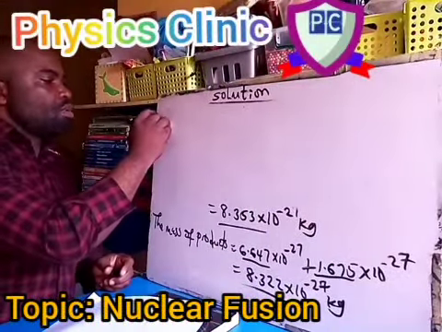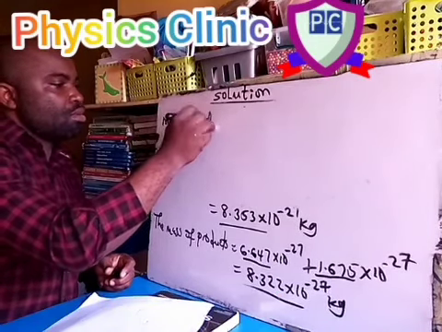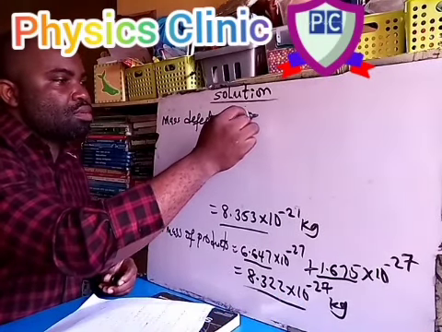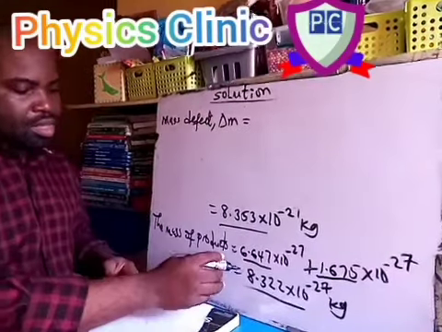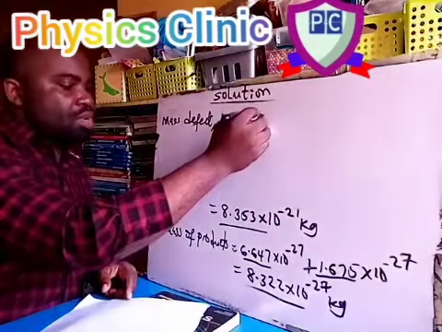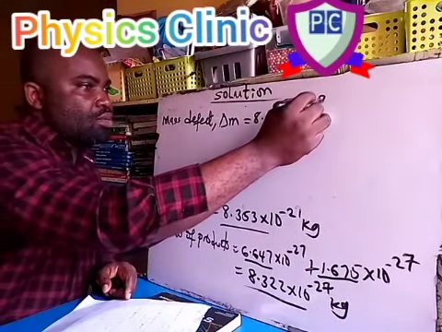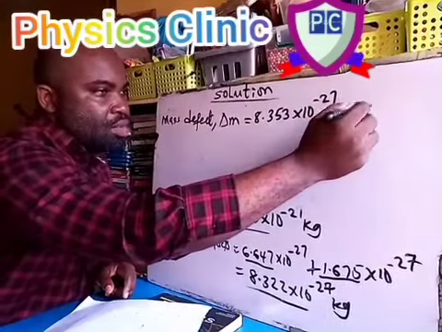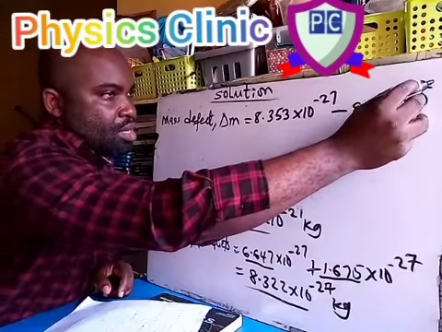Now, the mass defect, change in m, is equal to the mass of the reactants minus the mass of the products, which is 8.353 times 10 raised to the power minus 27, minus 8.322 times 10 raised to the power minus 27.